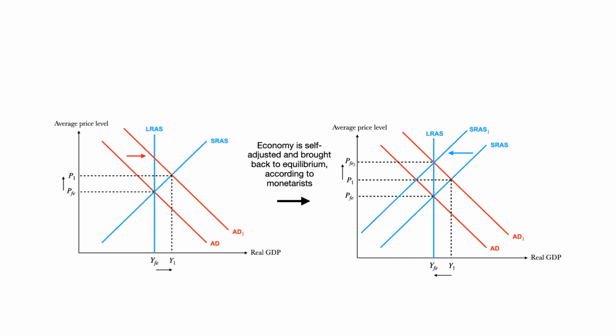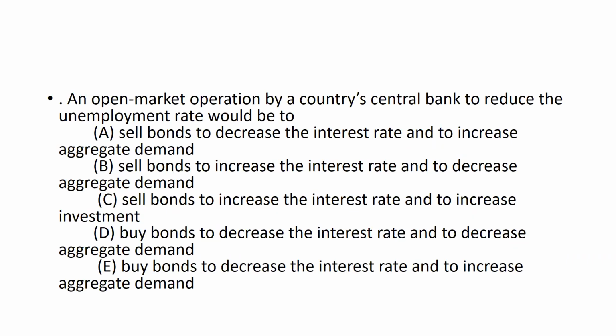So again, here, I need something that's going to increase the money supply. Sell bonds, no. Sell bonds, no. A, B, and C are sucking money out, which would increase the interest rates. I'm looking to decrease the interest rate. I don't want to decrease aggregate demand, so D is gone.